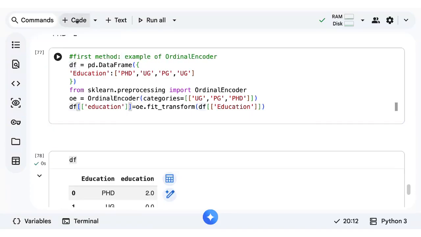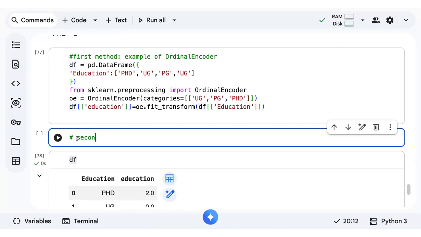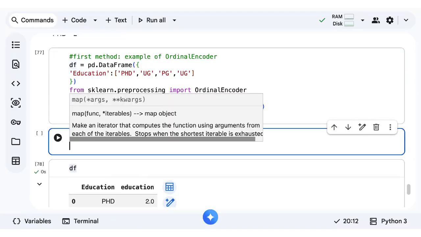I'll show you the second method. Manually assign values using map. So how do you do it? Using map.